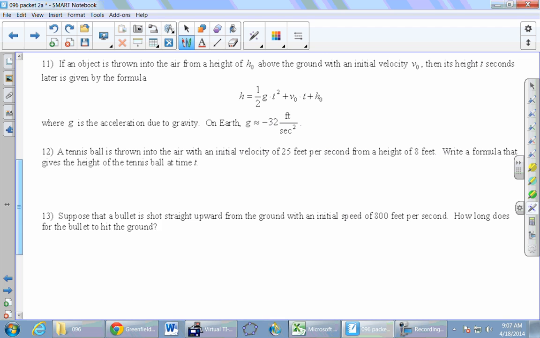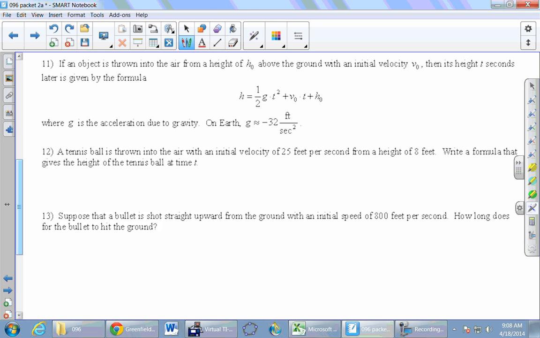And the first observation I will make, what's the power on the t? What's the highest power? It's 2, which means this is called what kind of an equation? It's the quadratic equation. And so anytime you have something that you throw up and it comes down, that formula dictates exactly how high it will be depending on how long it's been since you threw it and what that initial velocity was.